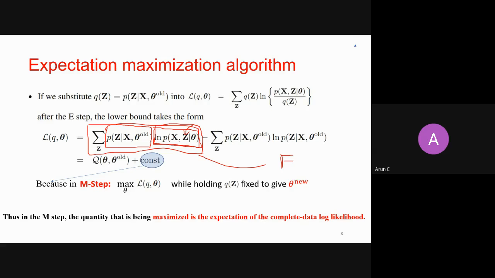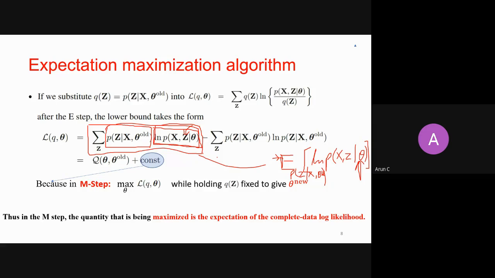Statistically, this is how I should write it: expectation of log p(x, z given theta), with respect to the posterior distribution p(z given x, old theta). So this is old theta.